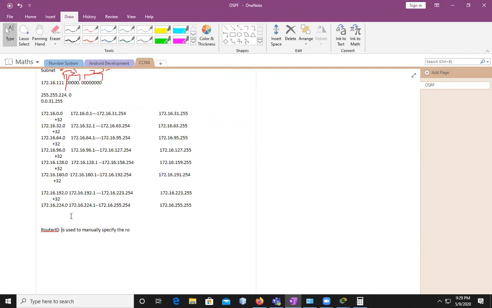So the OSPF process will use that RID, which is the router ID, when communicating with other OSPF neighbors.